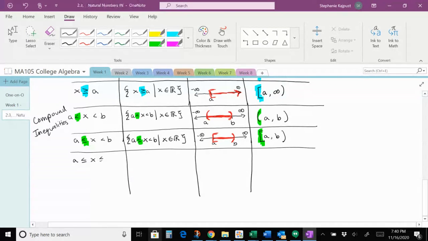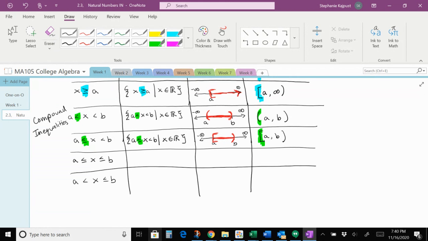I can have both of them be a less than or equal to symbol, or I can, let's see, make only b have the less than or equal to symbol. So those are the two other possibilities that we can do here. So set builder notation, you kind of get used to writing it because it's basically the same thing over and over again.